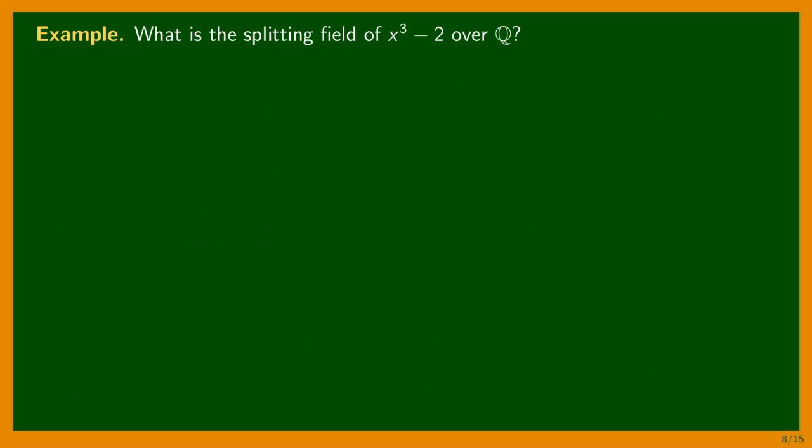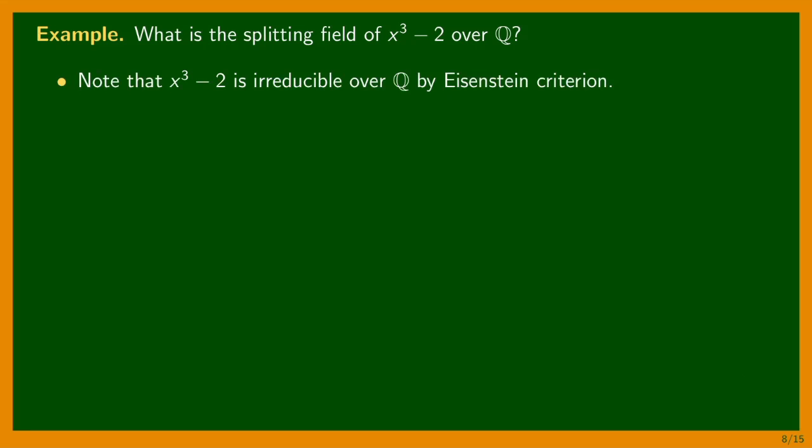Okay? One last example before we dive into the theory. Now, what is the splitting field of x cubed minus 2? Ito iniba. Over Q. Kanina x cubed minus 1, no? Ngayon x cubed minus 2. You can check that by Eisenstein criterion, this is irreducible over Q. Or you can just look at the possible rational roots of this polynomial.